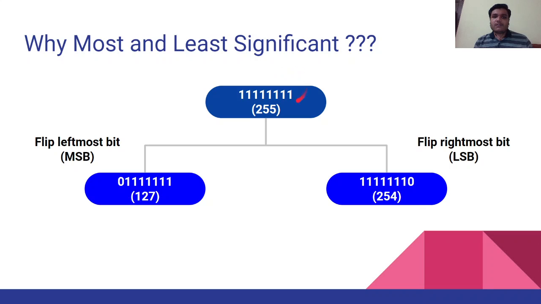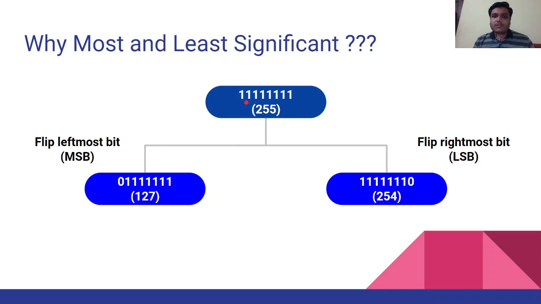If I take this number, which is eight 1s, its value is 255. If I change the rightmost bit, that is the LSB, the value comes to 254, which is not a very significant change. The difference is less than 1%. But if I change the leftmost bit, the value drops to 127.